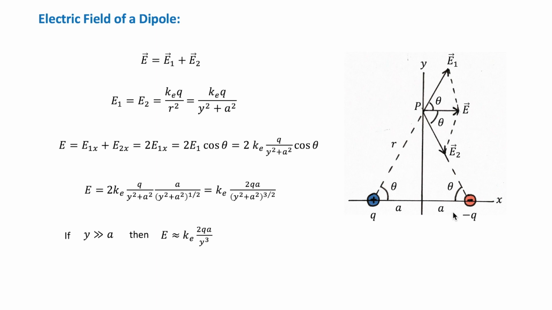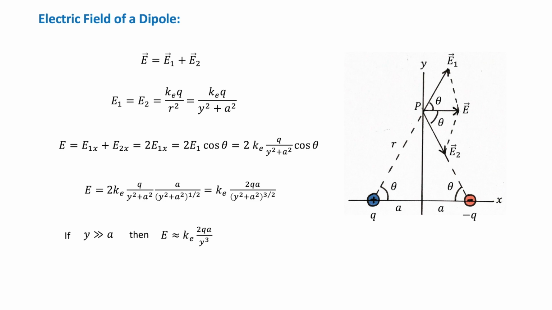For example, in an oscillating electric field of electromagnetic radiation, such as visible light, they behave as oscillating dipoles. And other molecules are also permanent dipoles, such as the HCl molecule. And so we will discuss in other videos how induced dipoles or permanent dipoles behave under the influence of an external electric field. Okay.